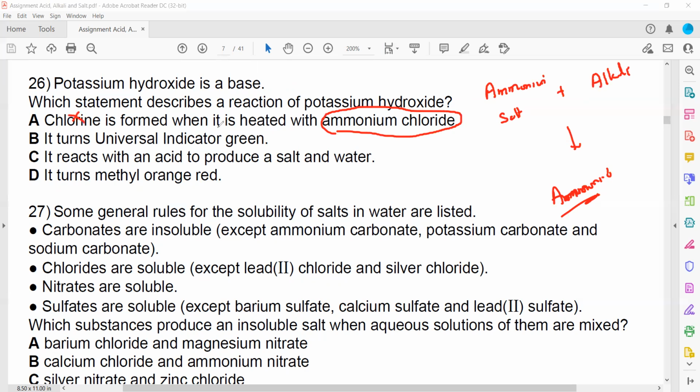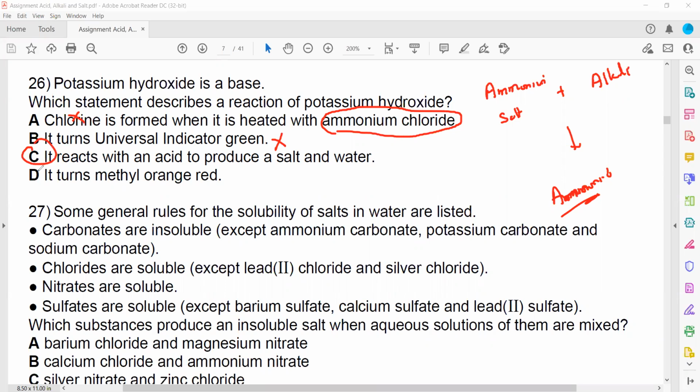It turned universal indicator green. Universal indicator has a different color at different pH. Because it's a base or alkali, it should be either violet or blue. Green means neutral, so that is wrong. It reacts with acid to produce salt and water. Potassium hydroxide, a base, can react with acid to produce salt and water.